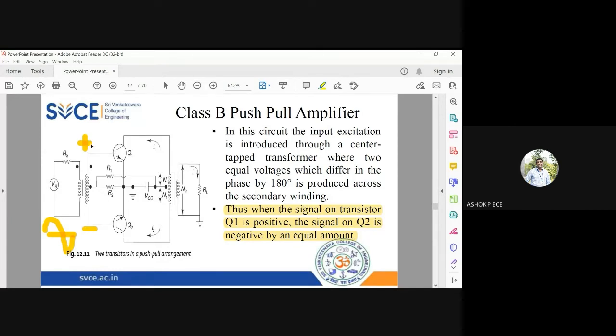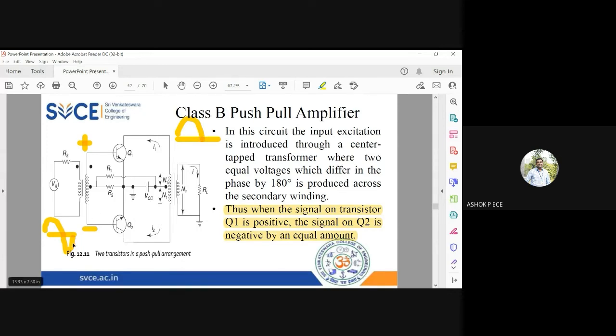The upper winding of the transformer primary has polarity plus, and the lower has polarity minus. So which transistor will be on, Q1 or Q2? Q1, sir. Q1 is on, Q2 is off. So since Q1 is on, the positive half cycle will be amplified and you will get it at the load resistance. Since Q2 is off, I2 will be 0, only I1 will be flowing through the load and you will be getting the amplified positive half cycle.